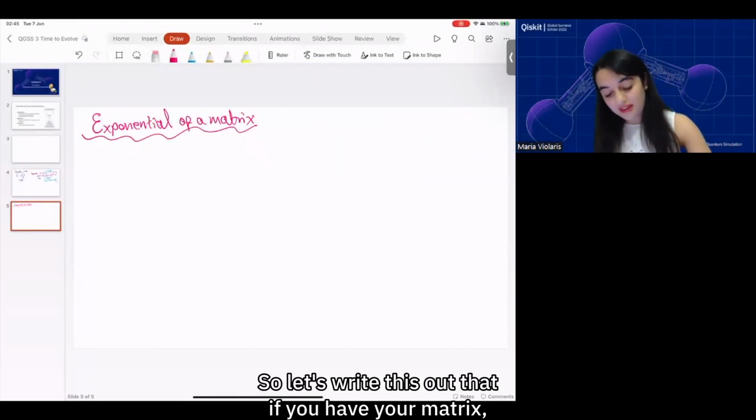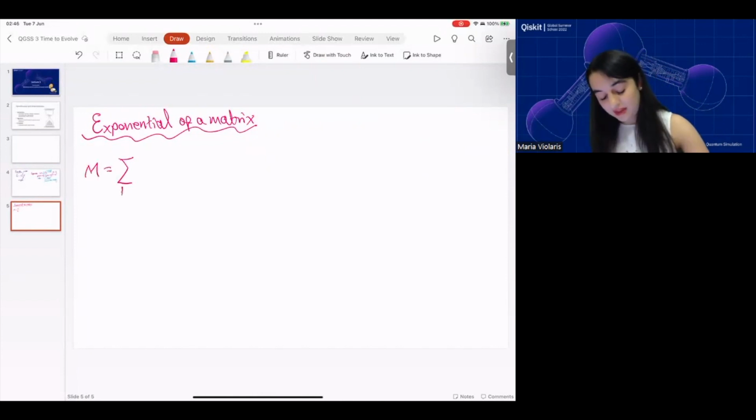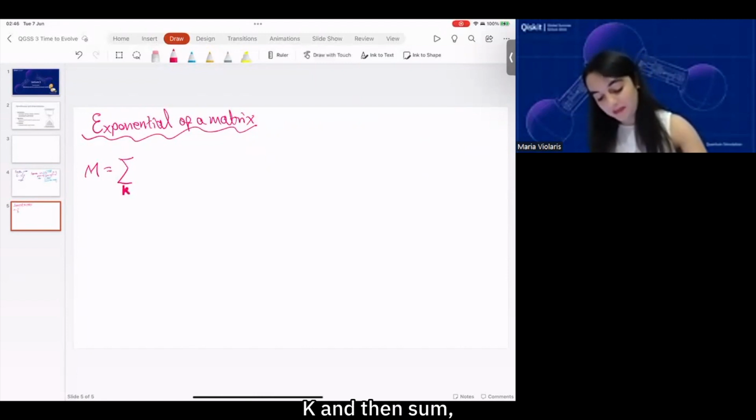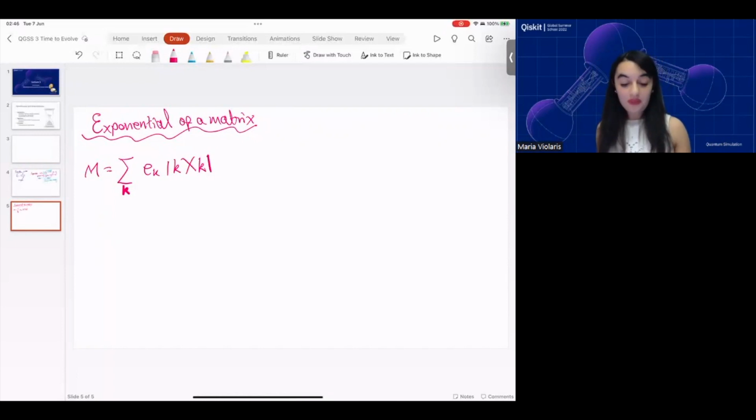So let's write this out: if you have your matrix, let's call it M, and let's say we have a sum over, let's go with K again, because we used that before, K, and then you've got your eigenvalues, and so this is the matrix written in its diagonal form, in the basis in which it is diagonal.